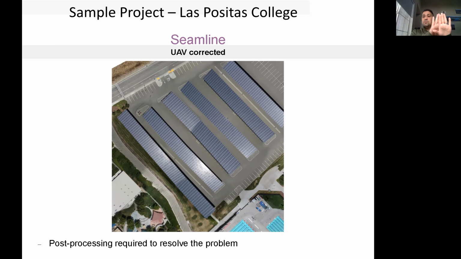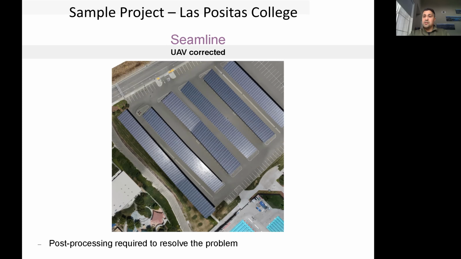Well, what happens is when you put those into a mosaic, you end up with seams in between those photos, right? Like this little space between them. The software doesn't always get it exactly right. So with the drone, you end up with more instances of anomalies or artifacts like this, where the seam is not going to line up exactly right.